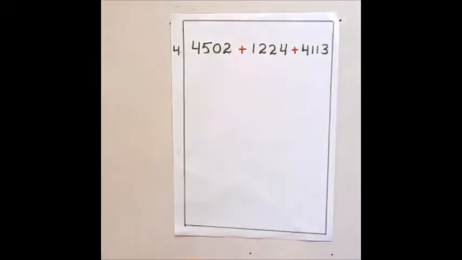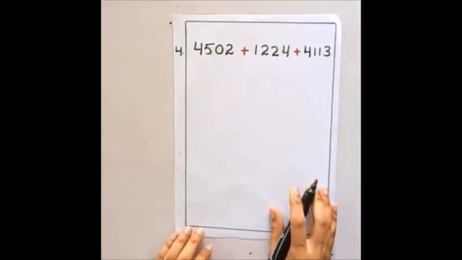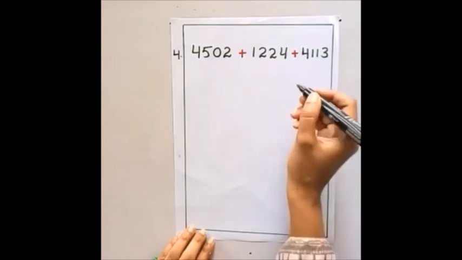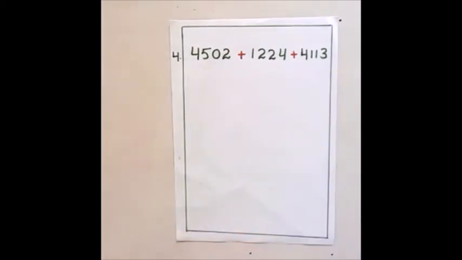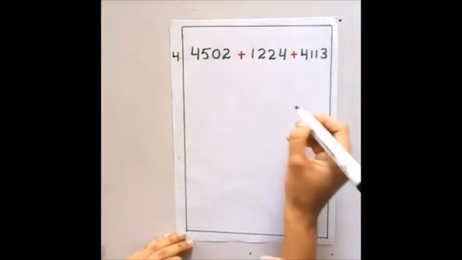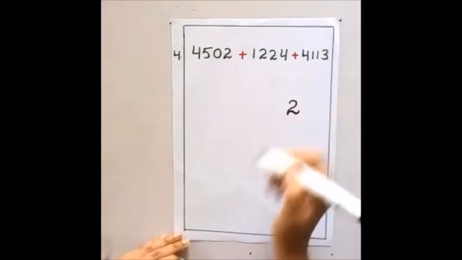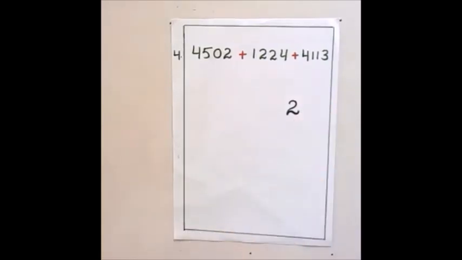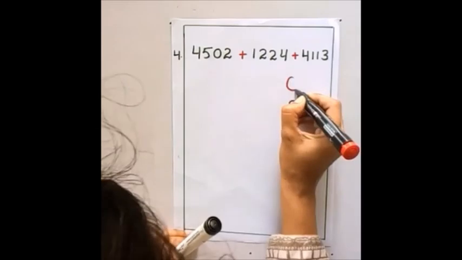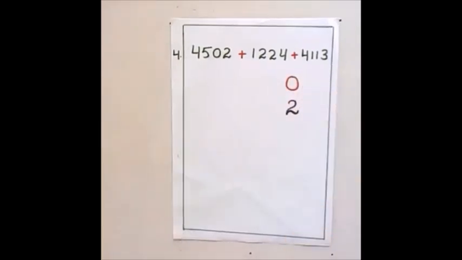In the first number, 2 is in the ones place, so I will write 2 under the ones place.